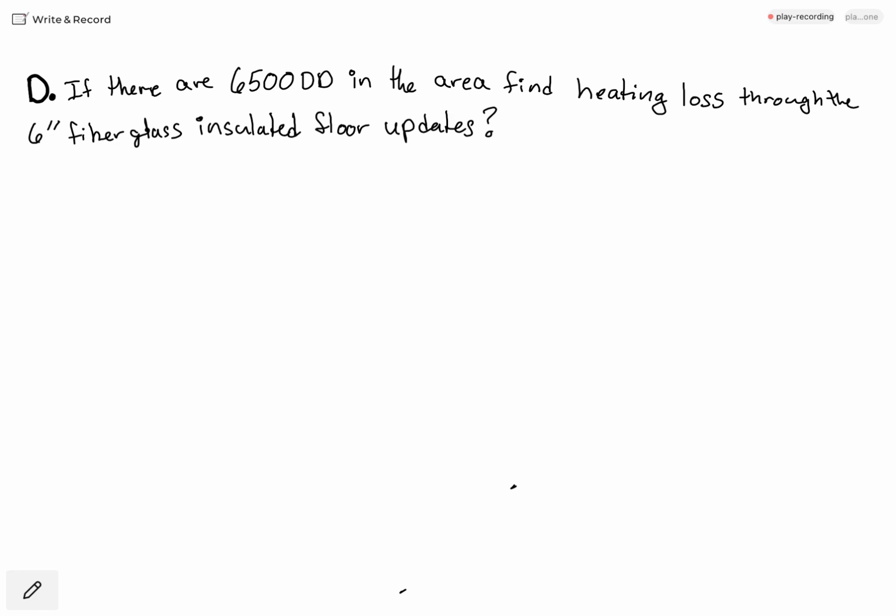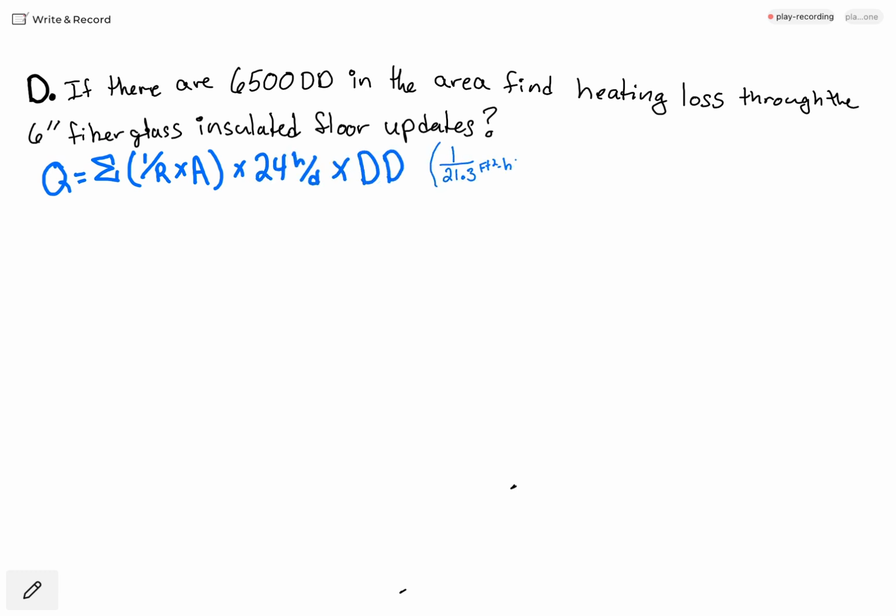This brings me to the next part. Now that we have all this, we can continue with question E. If there are 6,500 degree days in the area, find the heating loss through the 6-inch fiberglass insulation. Now we're going to do the same thing that we did in the previous part B, but for our new R value. So we find our Q: the sum of all our R's and areas times 24 hours in a day times our degree day.